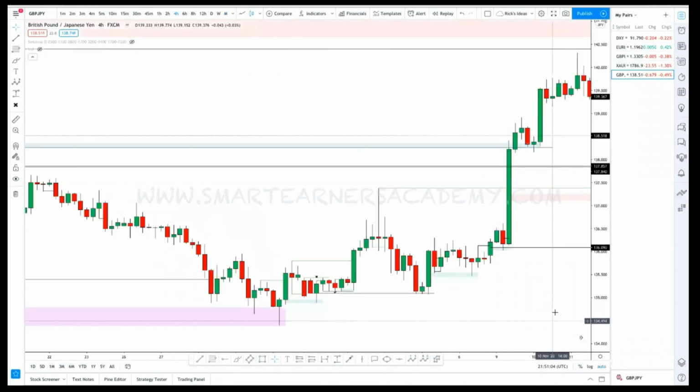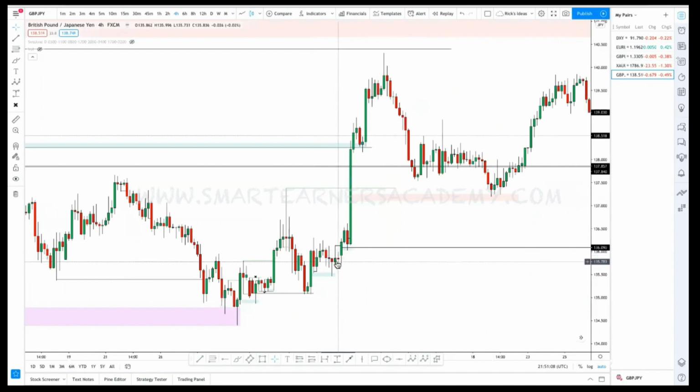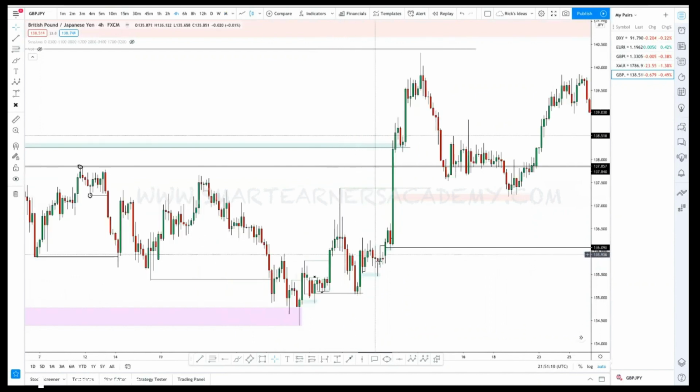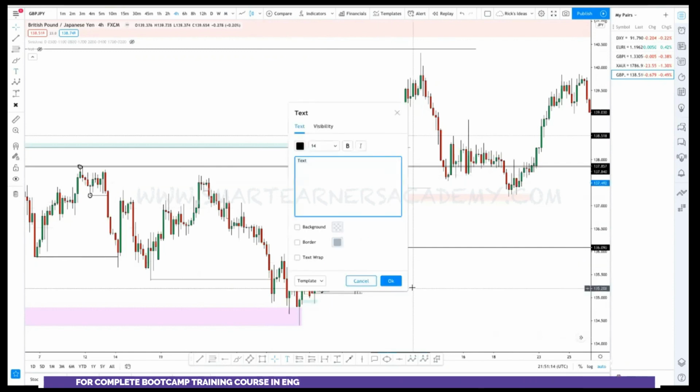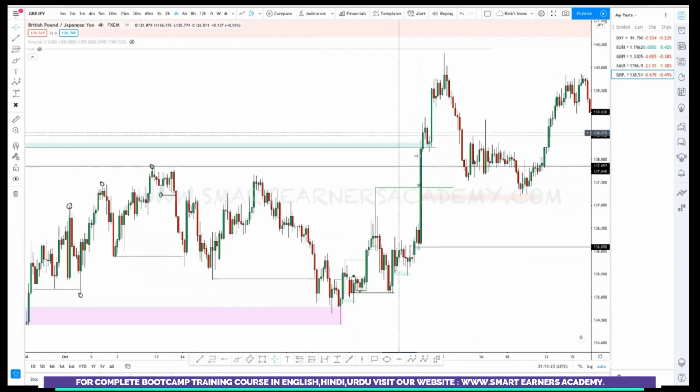So there was that buy that I took from around here. So I took a buy from somewhere around here, and the first time I took 10% was when we broke this high. Okay. Now when the high was broken, I saw a huge push to the upside. Now the price action here told me that we're still bullish, right?